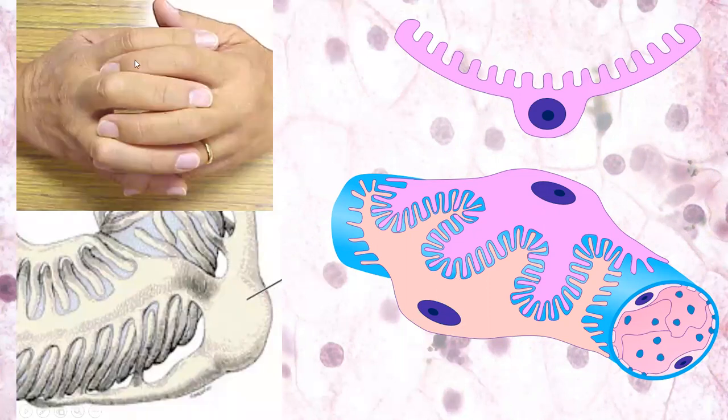So interdigitation is the pattern of how processes of podocytes are arranged, like this pose when fingers are crossed in this way. In the same way, secondary small processes of podocytes are arranged, and there are gaps between them, and those gaps between the secondary small processes of podocytes are called filtration slits. They are located here between the so-called fingers of podocytes. So here we can see the pattern of how they are arranged.